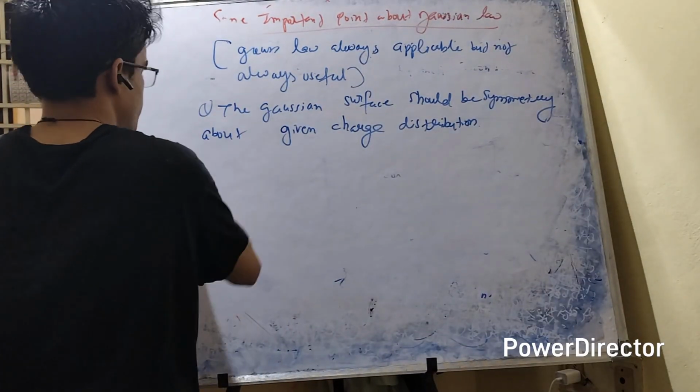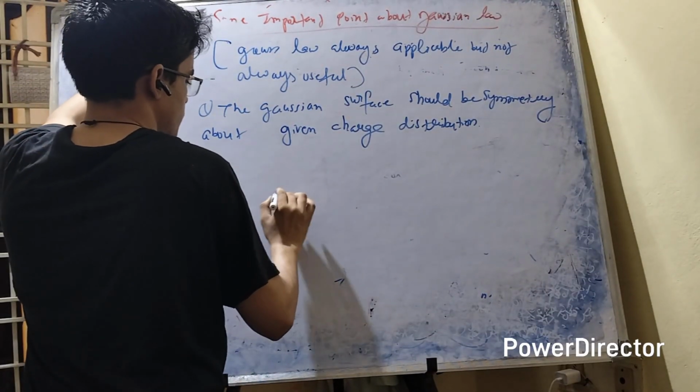Next, it says that suppose we have a spin charge belt.